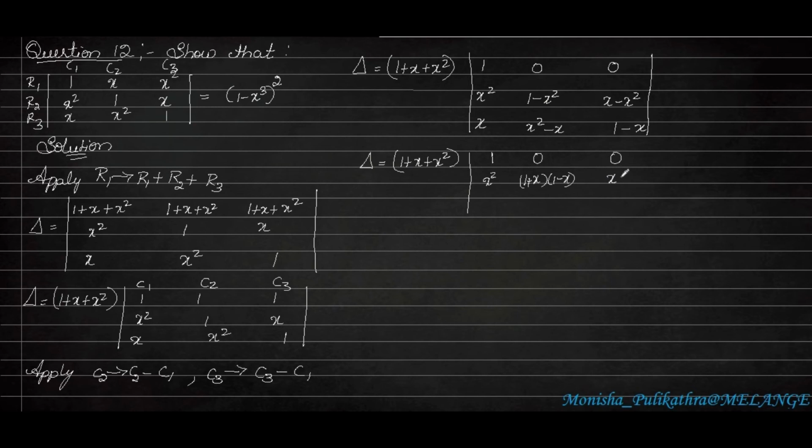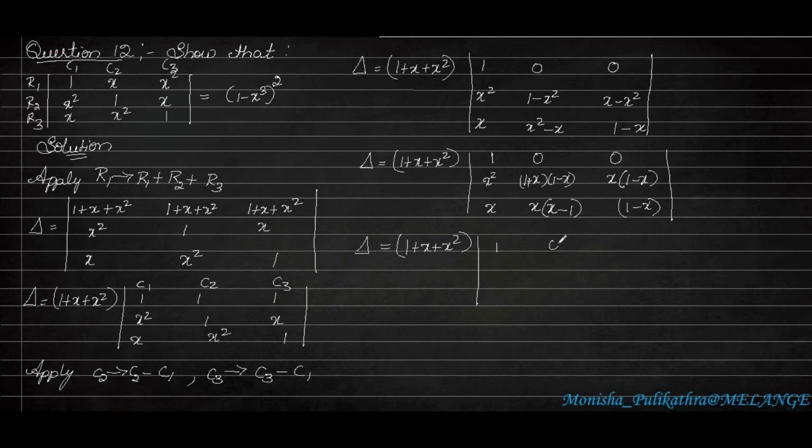Here if you take x common, it will become 1 minus x. Here, if you take x common, it will become x minus 1, and here 1 minus x. So 1 minus x and 1 minus x. In order to make it 1 minus x, we have to take a minus outside.